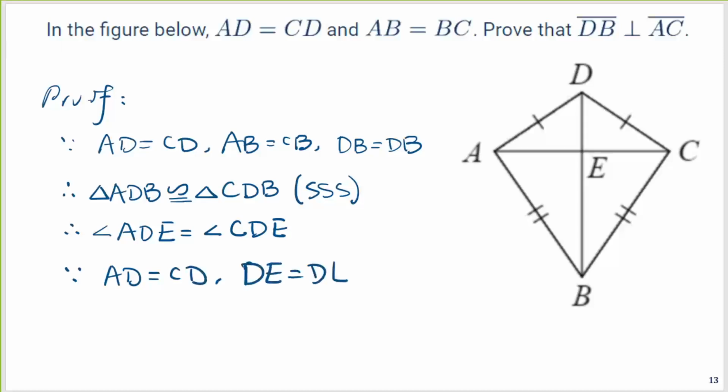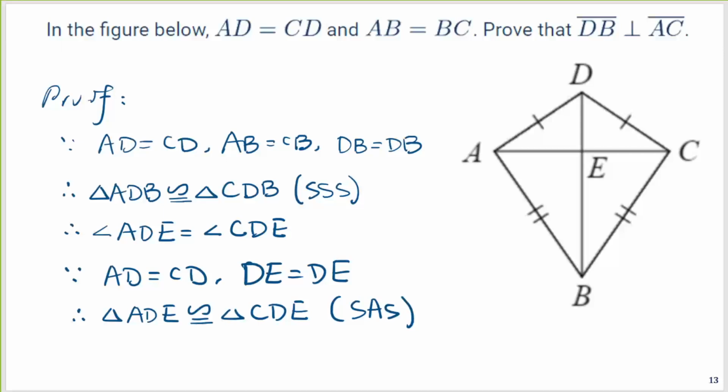They share the same side, which are equal apparently. And according to SAS, we can prove the triangle ADE is congruent with triangle CDE, right? Therefore, triangle ADE is congruent with triangle CDE by SAS, right?